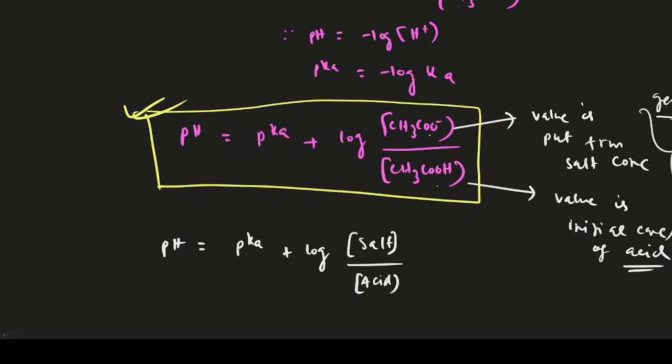So generally this is followed, and if nothing is given, then take CH3COO minus as the concentration of salt, and for this put the initial concentration of acid.